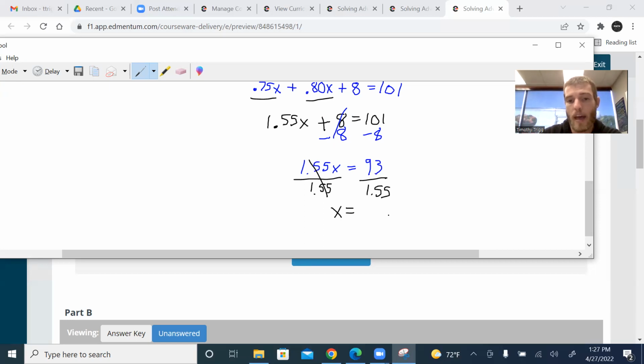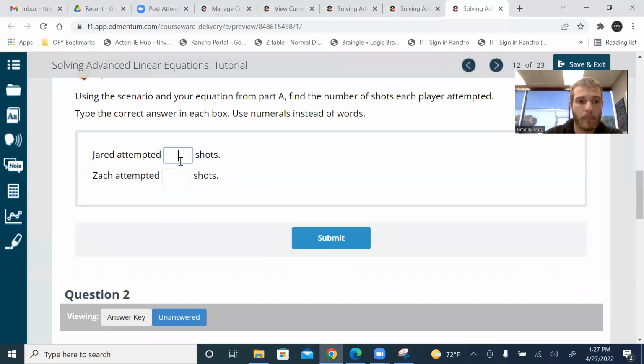This leaves us with x equals, and feel free to use a calculator on every single problem if you want, 60. Okay, now remember, x is the number of shots that Jared attempted. And we also learned from the problem that Zach attempted 10 more than Jared. So that means Zach attempted 70.